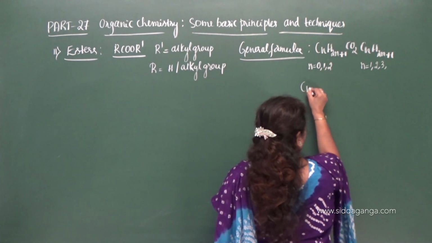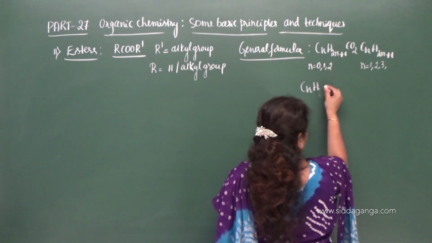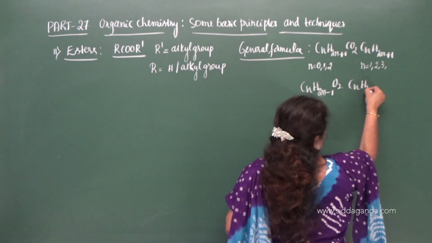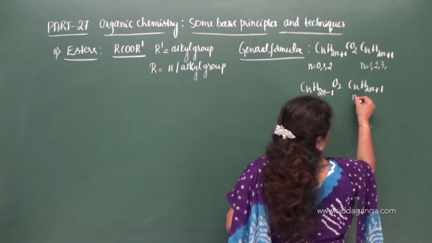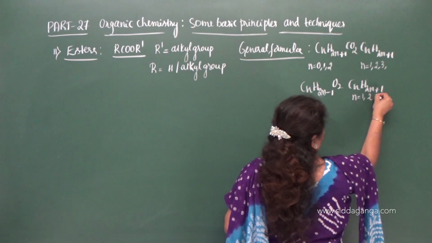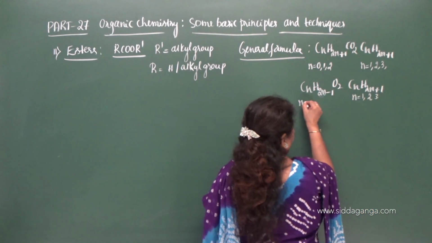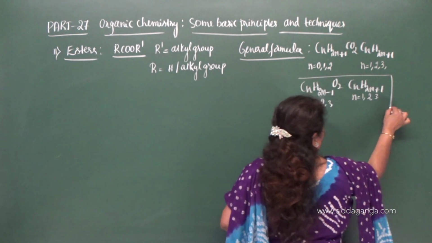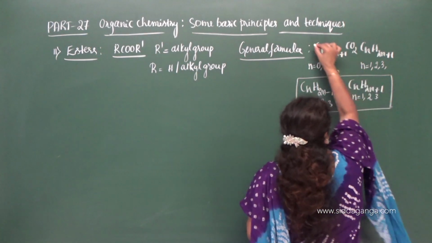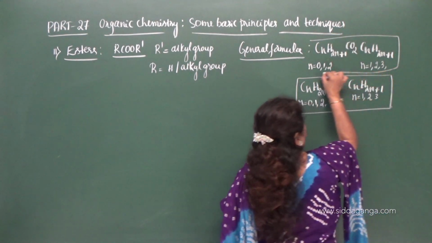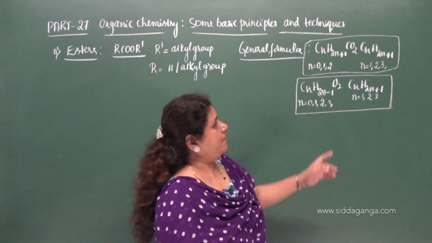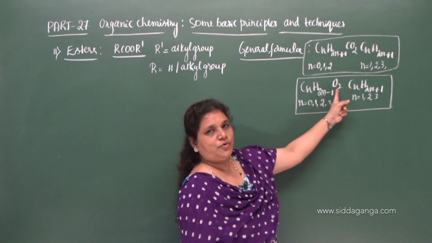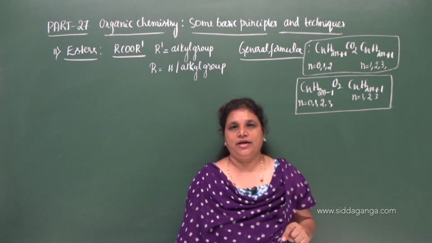Therefore, you can derive it as CnH2n minus 1 O2 and CnH2n plus 1, where the value of n is 1, 2, 3, and here n is 0, 1, 2, 3. So you can give these two general formulas for esters. On the basis of the functional group COO, I have written CO2, and O2 only on the basis of the number of carbon, hydrogen and oxygen.